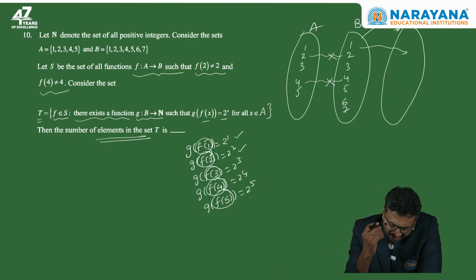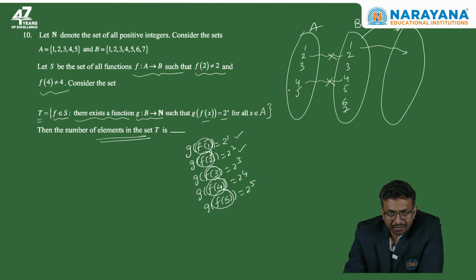So the condition simply means that f of 1, f of 2, f of 3, f of 4, f of 5 should be different. They cannot be same. So that means it's a 1-1 function. So among all the functions which satisfy f of 2 not equal to 2 and f of 4 not equal to 4, the 1-1 functions go into the set T.